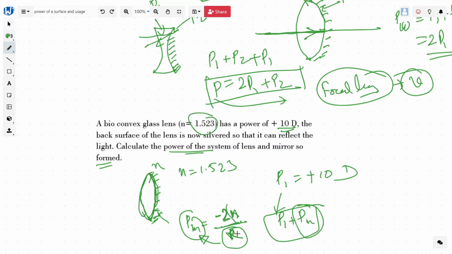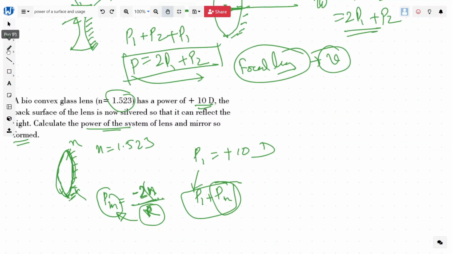Now, can we find this r? Yes, we can, by using the formula for the lens first.